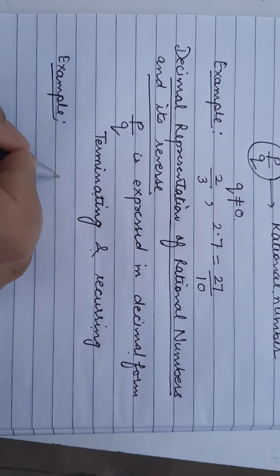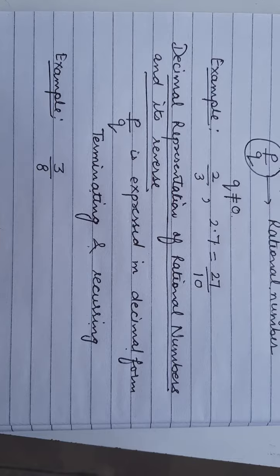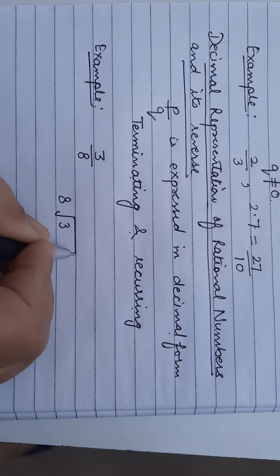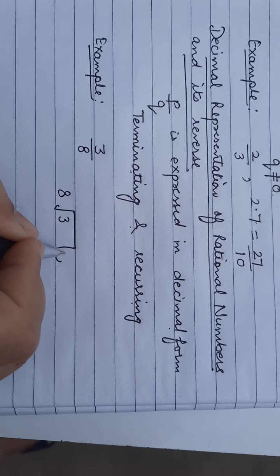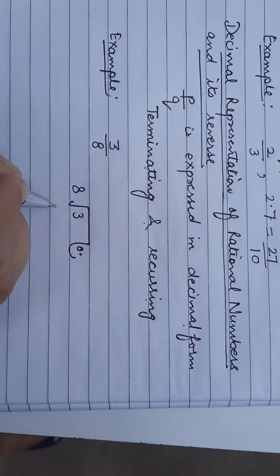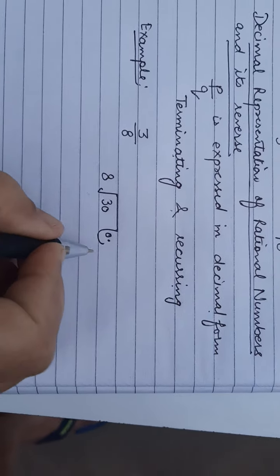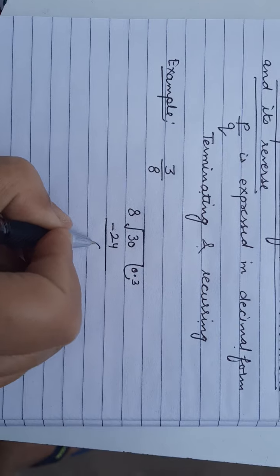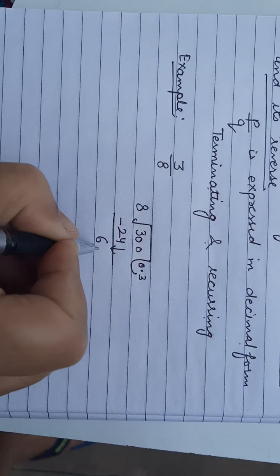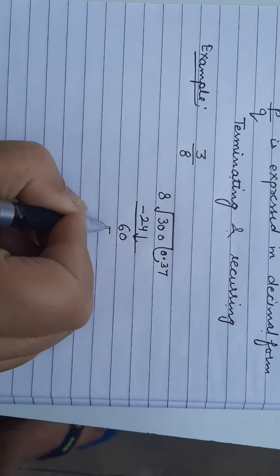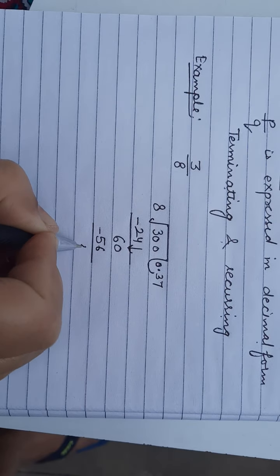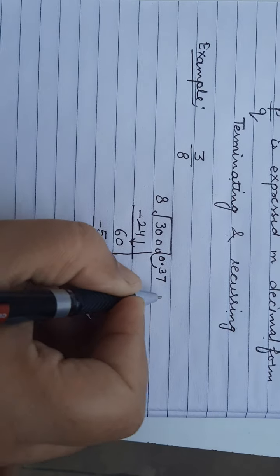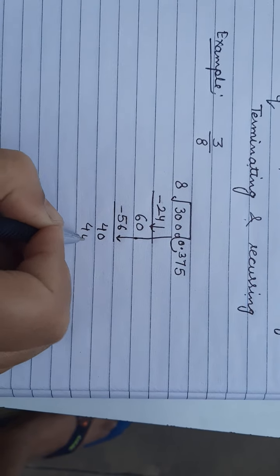Like we have 3 by 8. When we divide 3 by 8, because 3 is less than 8, we take the help of a decimal. So 1 0 here, 8 3s are 24, then subtract it, we get 6, then again move down 0, 8 7s are 56, we get 4, then again move down 0, we get 8 5s are 40.